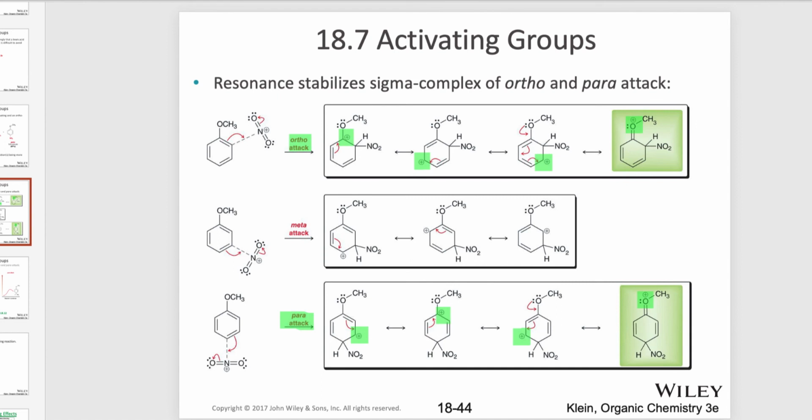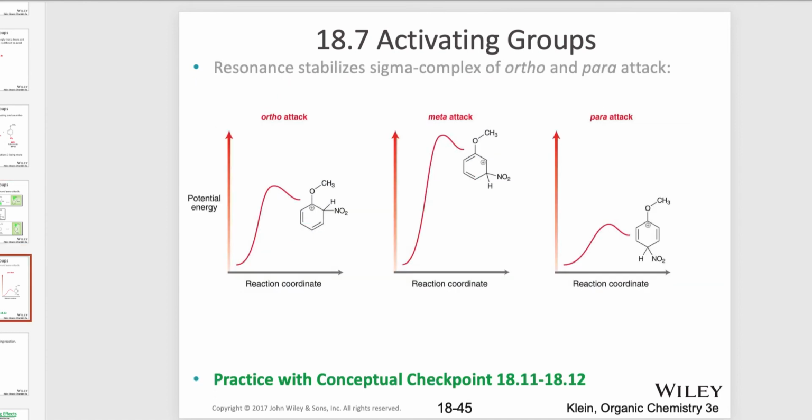And so speaking of stability, we can look at the number and quality of resonance forms. And then as we look here, we again can assess the energy levels, and we see this is reflected in having this charge in the positions they are in after ortho addition and after para addition.